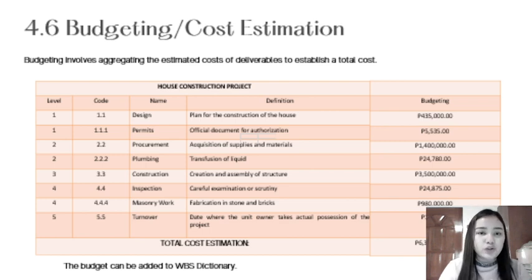So, ilalagay nyo doon kung magkano ang budget nyo, kunwari sa design, sa permit, sa procurement. So, this is just a cost estimation. No need to itemize the list per deliverable para hindi kayo mahirapan. So, you just think of a good estimation per deliverable.